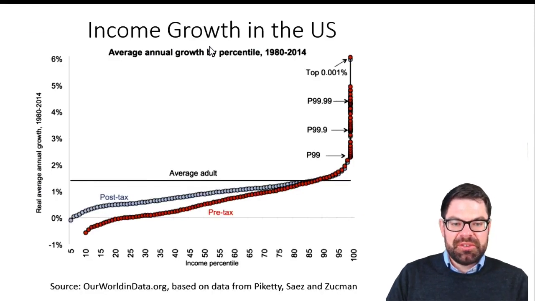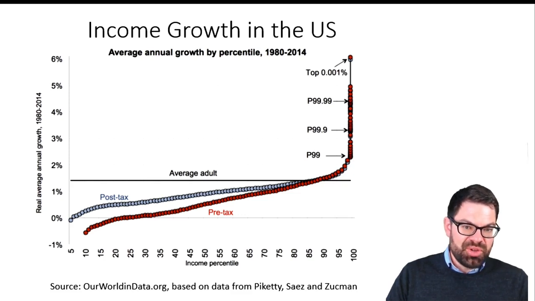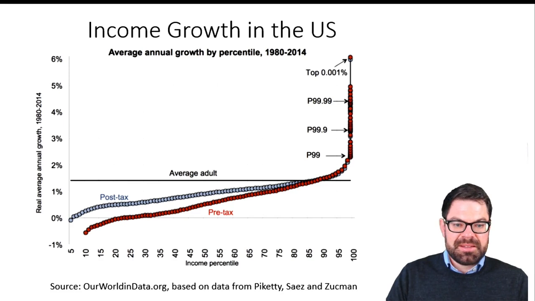So here, this is just to give you another example of the extent of income concentration. This is the real wage growth in the US by income percentile. And that data set is compiled by Thomas Piketty, Emmanuel Saez, and Gabriel Zucman, who are three French economists who are very, very influential in research on inequality and taxation.